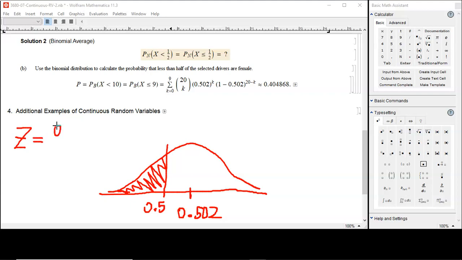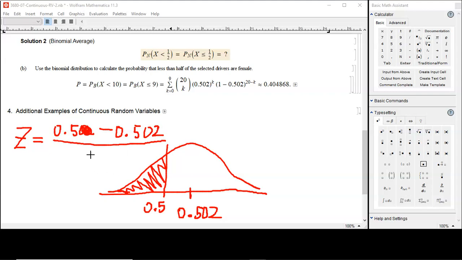So this is going to be 0.5 minus 0.502, x minus mu, end minus center.